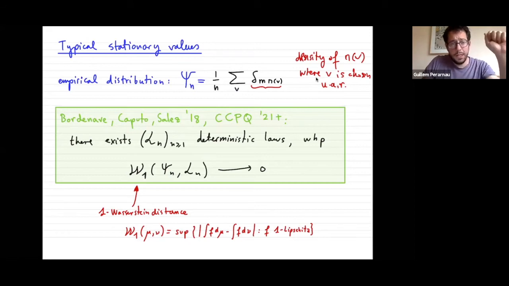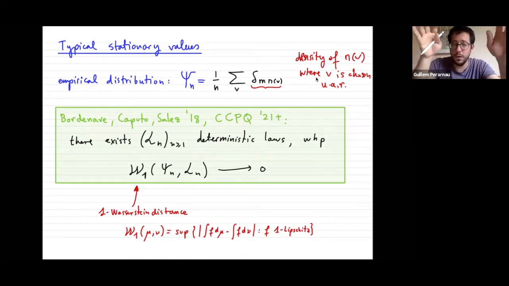It says the following: there exists some sequence of deterministic laws, which I call L_n, such that with high probability, a particular distance, the Wasserstein distance, between the empirical distribution of the stationary values and this deterministic law goes to 0 as n goes to infinity.